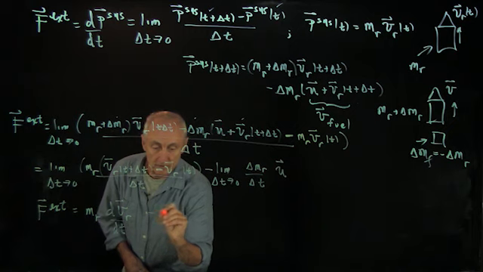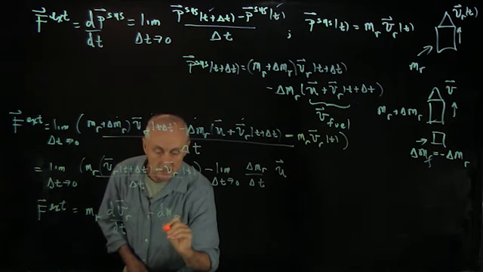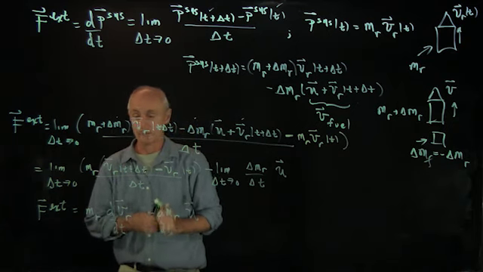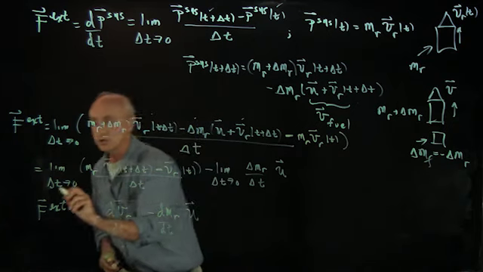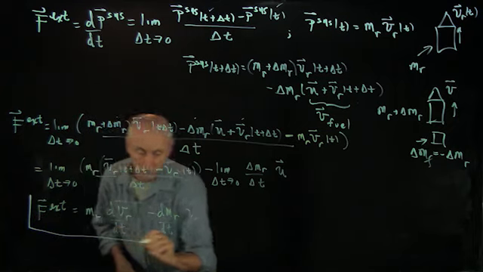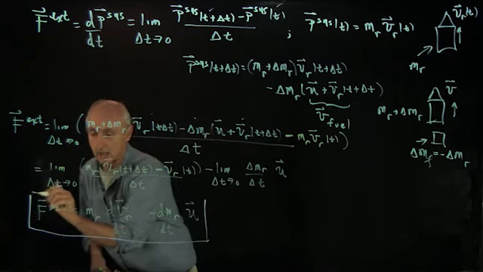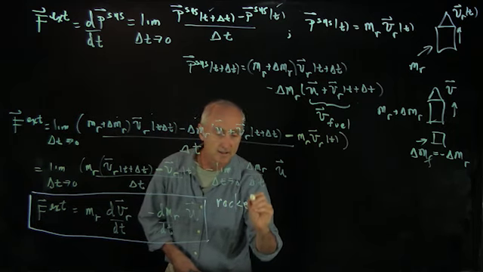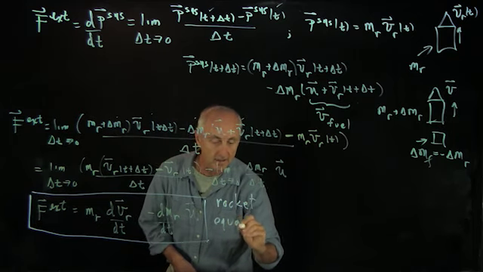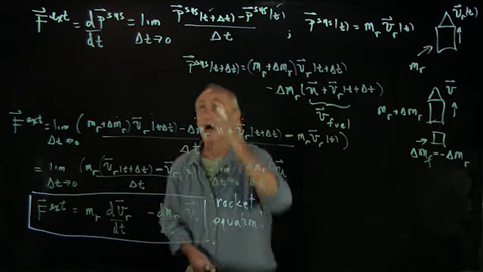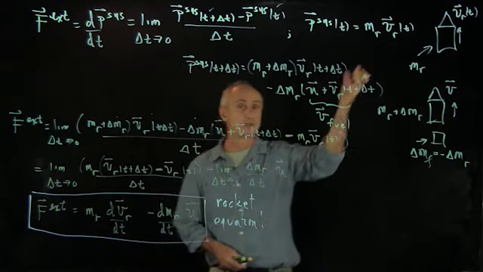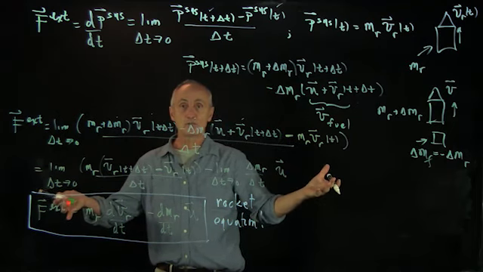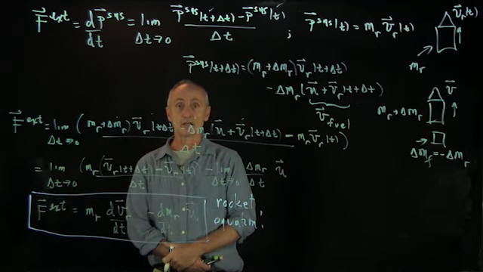So that's the derivative dmr dt times the relative velocity of the fuel with respect to the rocket. This equation here, I'll box it off, is called the rocket equation, which we've derived from the momentum principle using our momentum diagrams. And you can see that this is what people refer to as rocket science.